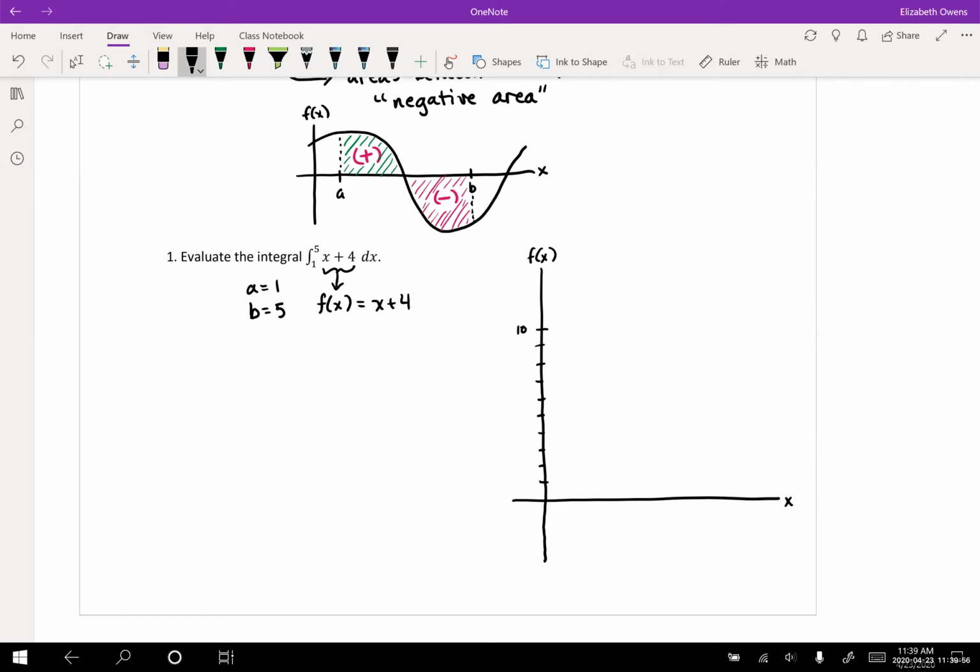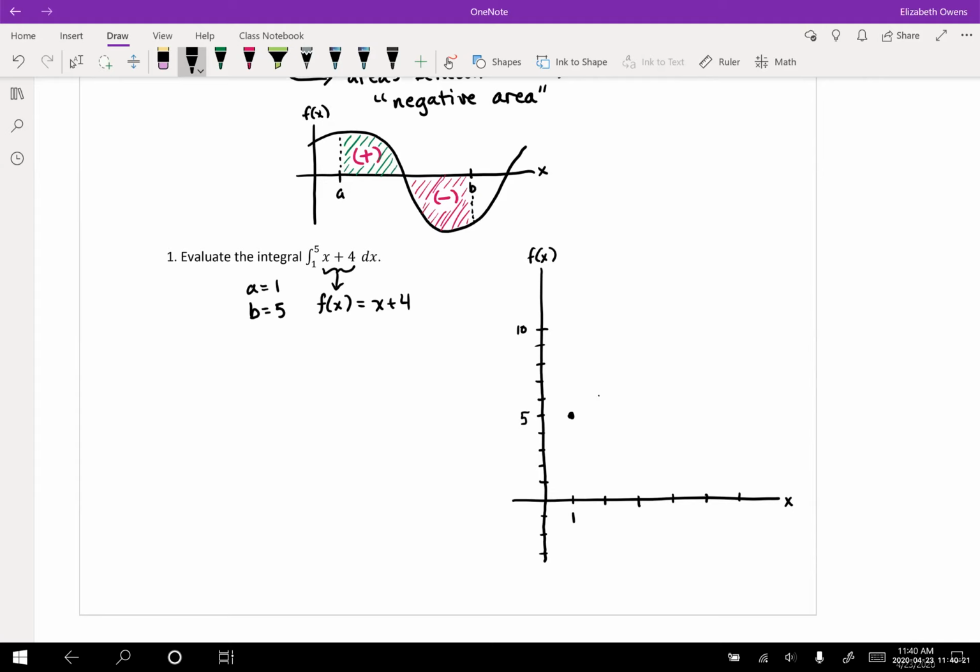1, 2, 3, 4. All right, so I'm going to plot this thing here. Here's 1, 5, and this is a nice line with a slope of 1, intercept of 4.